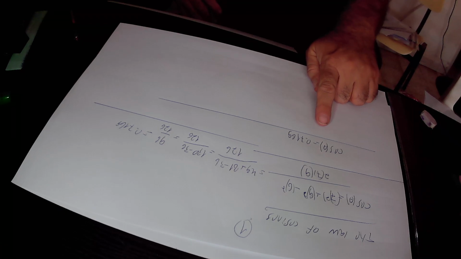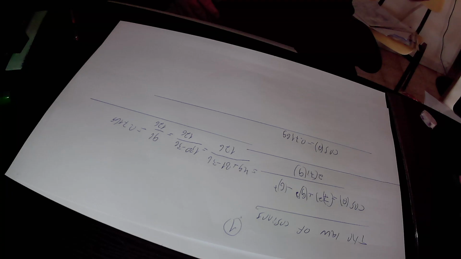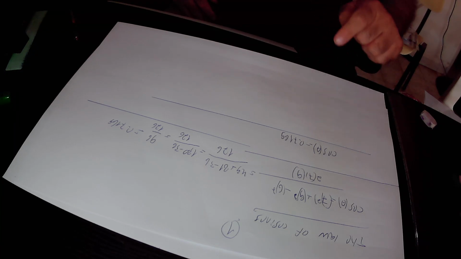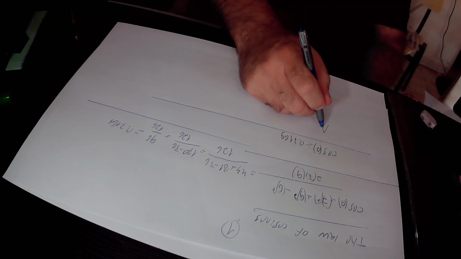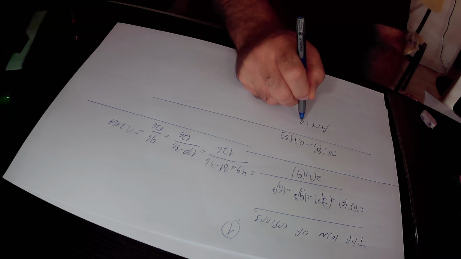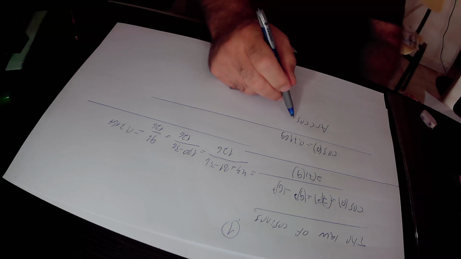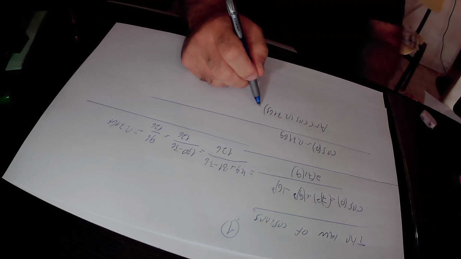In order to find the size of angle theta, we'll operate the opposite function of cosine, that is arc cosine, on the result of cosine theta, which is 0.7169, and in this way we get the value of angle theta itself.